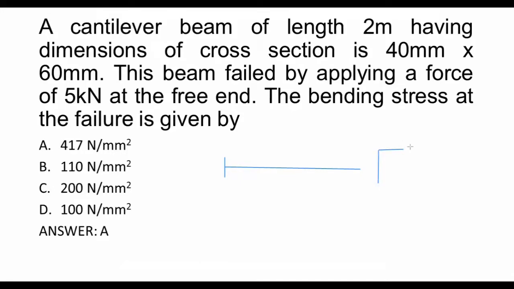So this is the cross sectional details of the beam. So width is 40 and depth is 60, and there is one cantilever load, point load acting at free end.